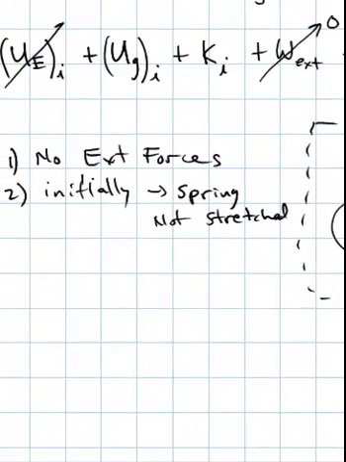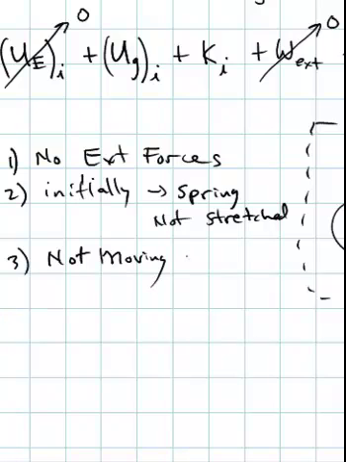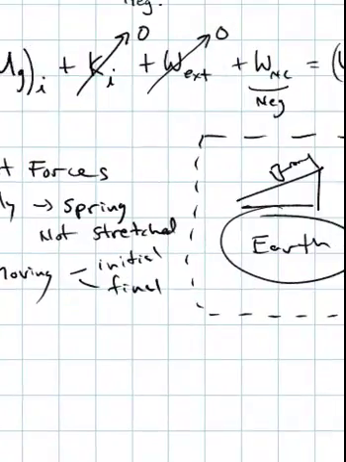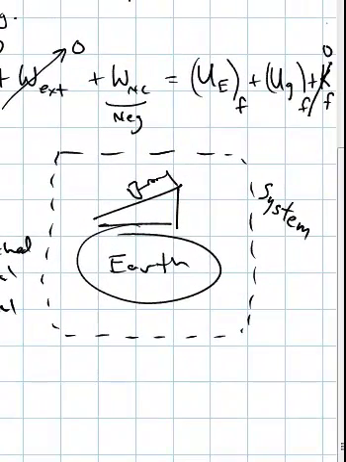So I've got no spring potential energy in my initial state, and we know it's not moving in either the initial or the final state. So I've got no kinetic energy initially, and I've got no kinetic energy at the end.